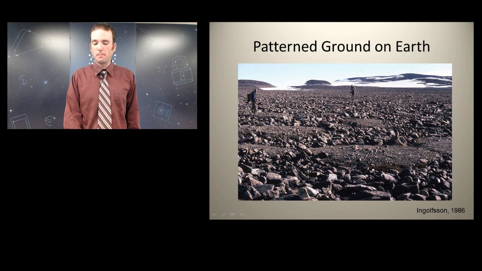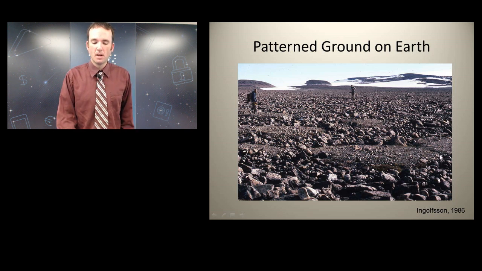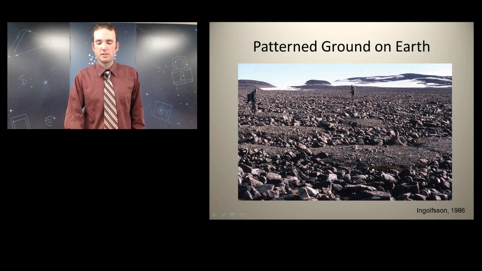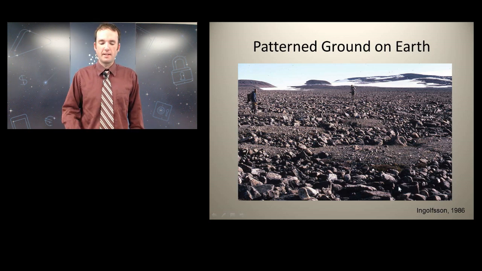Here we show some thermal contraction polygons. You can see the cracks and the furrows. Here, this one's not filled by boulders. But these boulders are about 30 centimeters in scale and completely outline these large polygonal blocks.